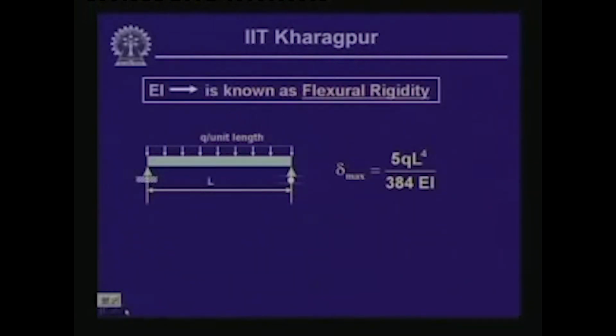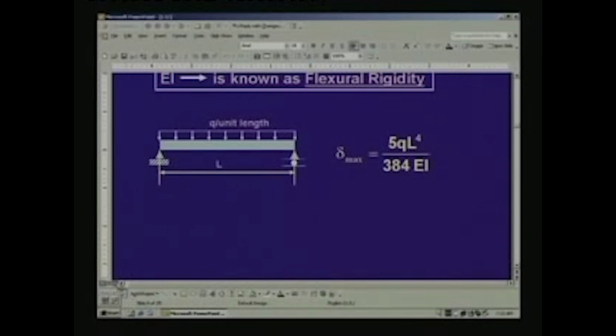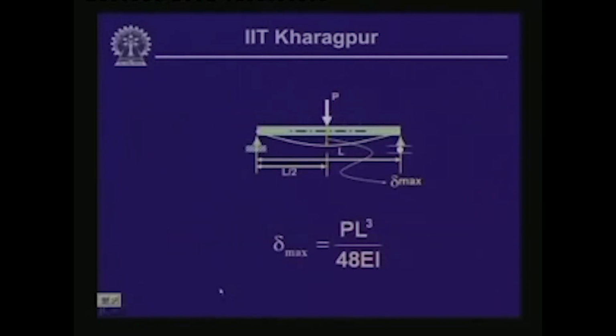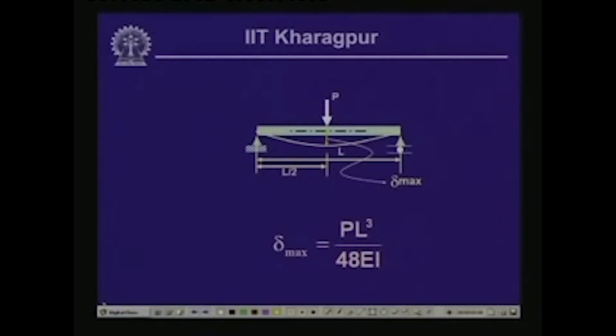Now, the last question which we had was: what is the maximum value of the deflection of a simply supported beam which is subjected to a concentrated load at the center?